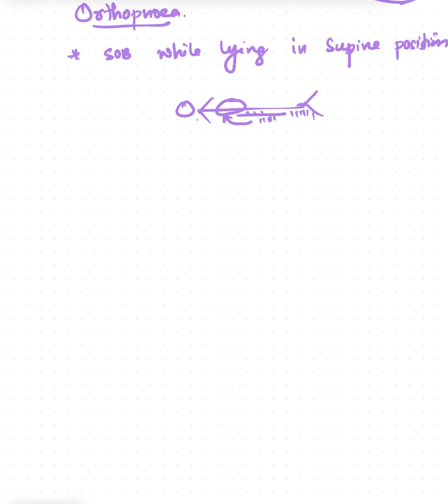Once the patient is in the supine position, cardiac output increases due to increased venous return. From the legs, the blood moves towards the patient's heart, hence venous return increases, which also increases the amount of blood, which is nothing but cardiac output.